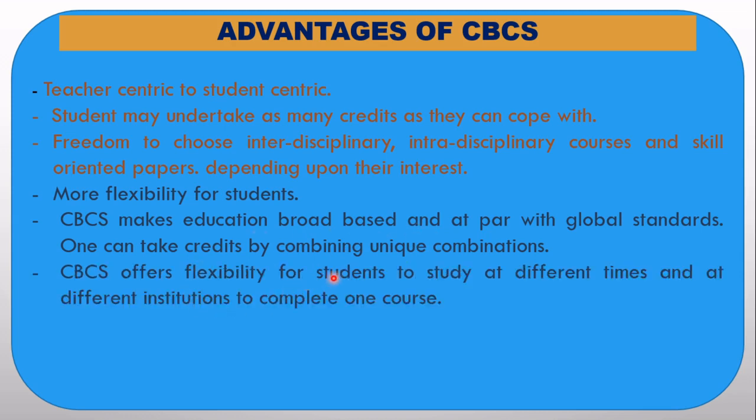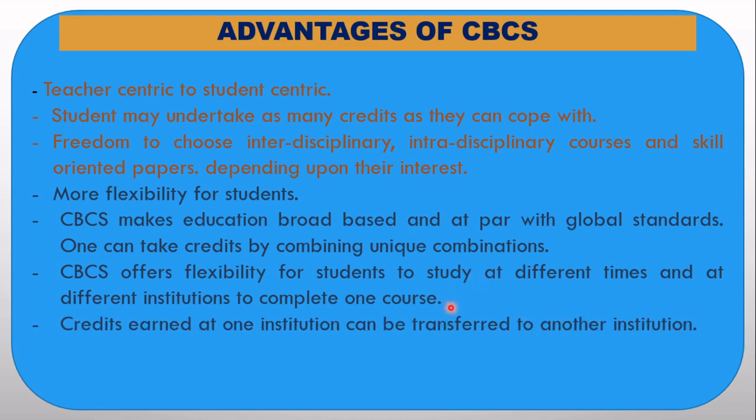CBCS offers flexibility for students to study at different times and at different institutions to complete one course. So during BSc, he can select or change his subjects, and he can also change his institution. Credits earned at one institution can be transferred to another institution.